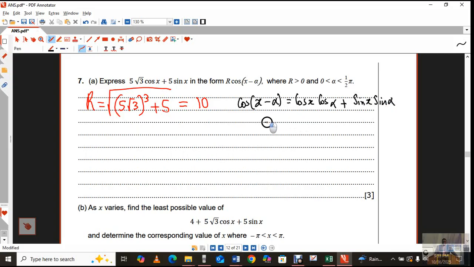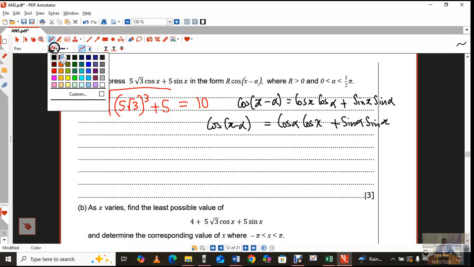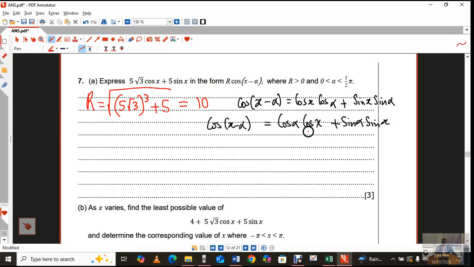If I clean this up, I write cos alpha with cos x, plus sine alpha with sine x. The reason I want to compare this with something over there.